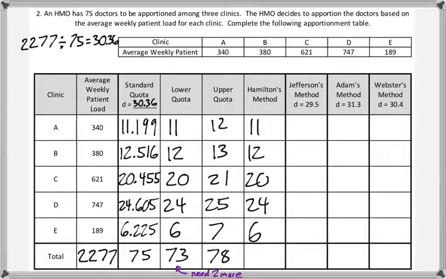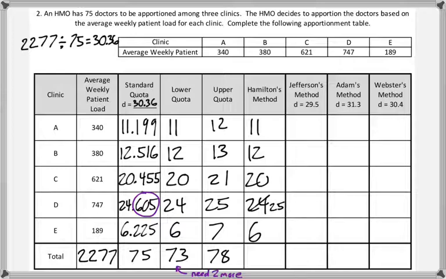So we want to look at the numbers in the standard quota column and then find the numbers with the largest decimal part. So the largest decimal part is 0.605. So that means Clinic D gets 1 extra doctor.